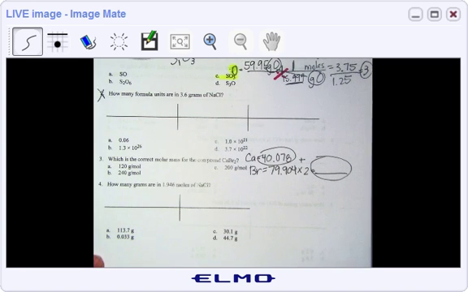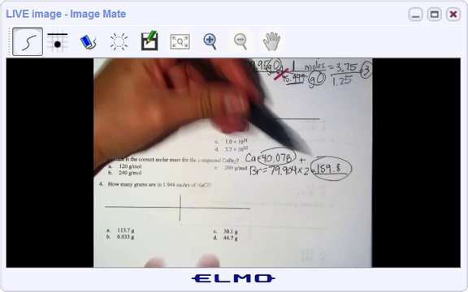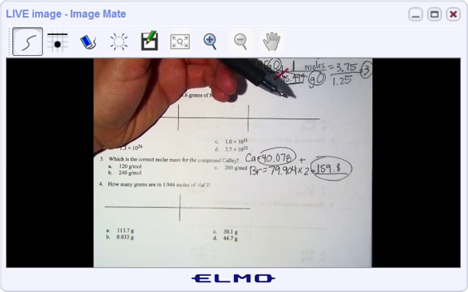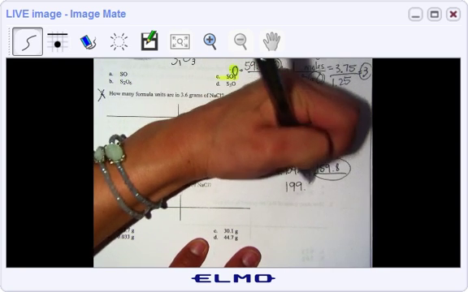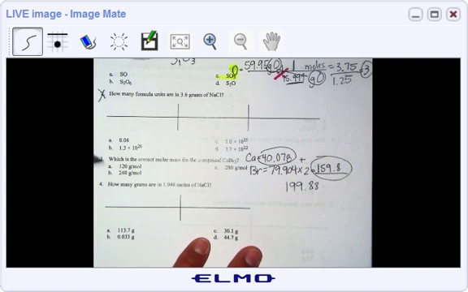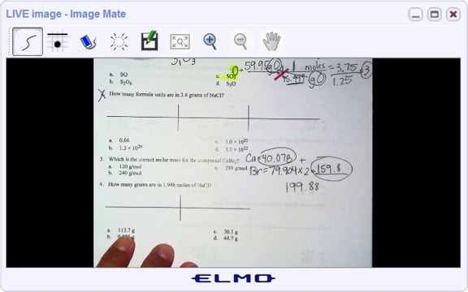So 79.904 times 2. I add these two numbers together. But after I did that, I got 199.88. Out of my multiple choice options, which one is the closest?